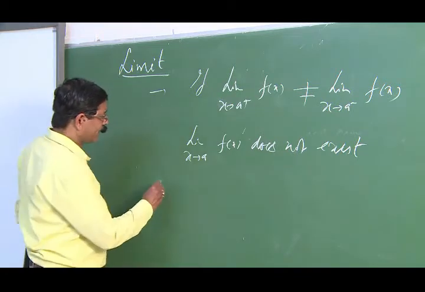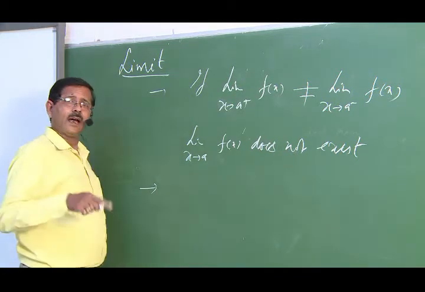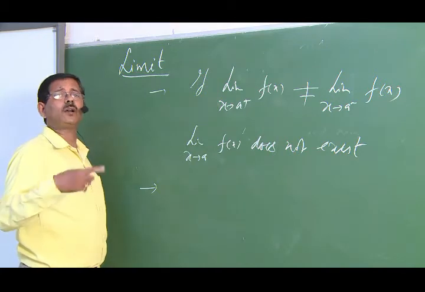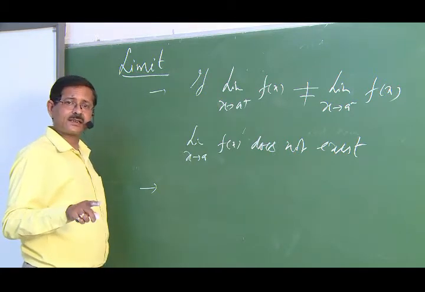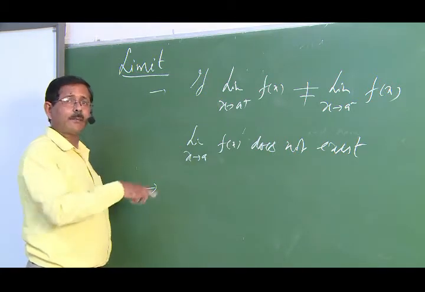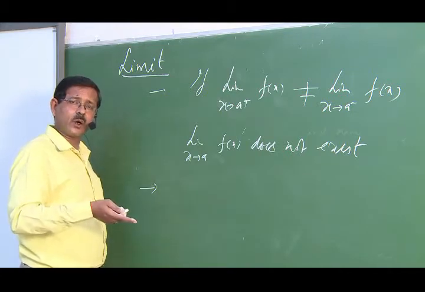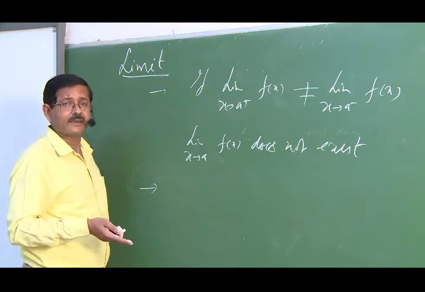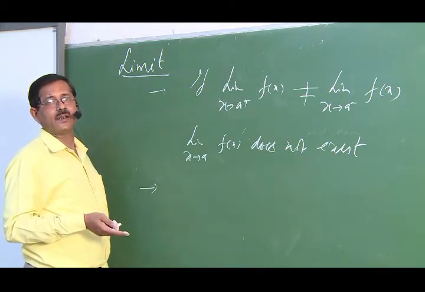Now, in another case, if either the left hand limit or right hand limit exists but one of them is not finite, then we also say that limit does not exist.